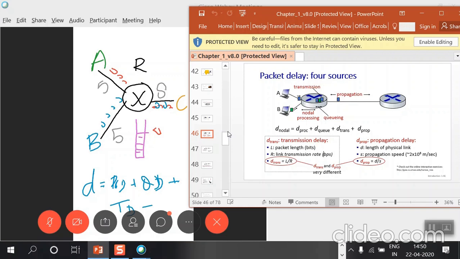This would give us an end-to-end delay if we add all the total nodal delays that occur for each of the packets while transmitting from one node to the other.